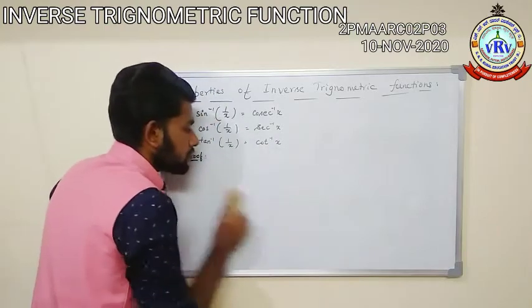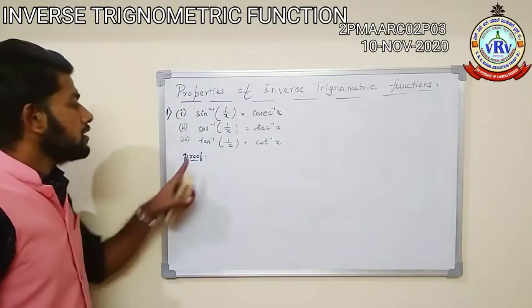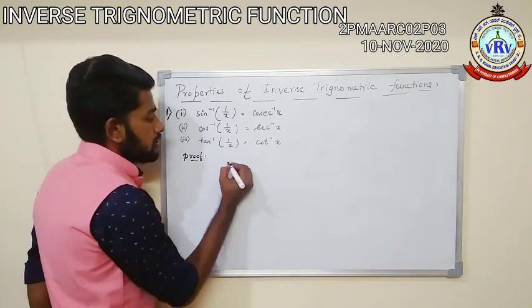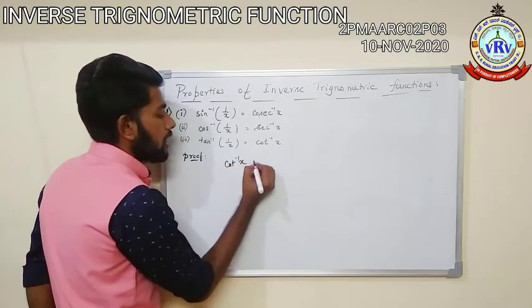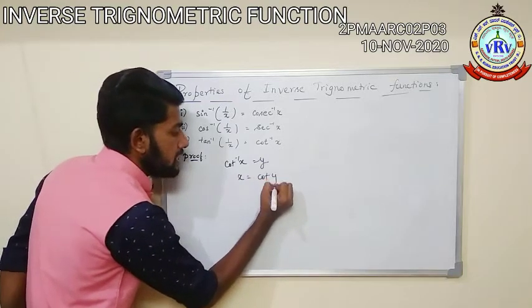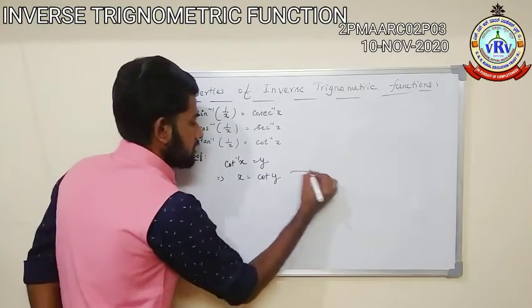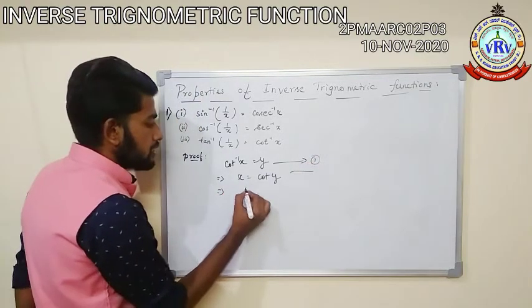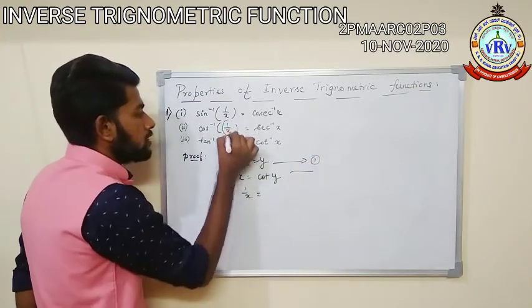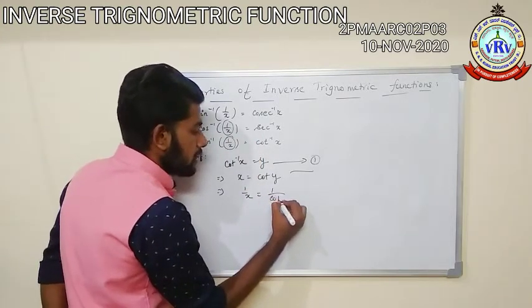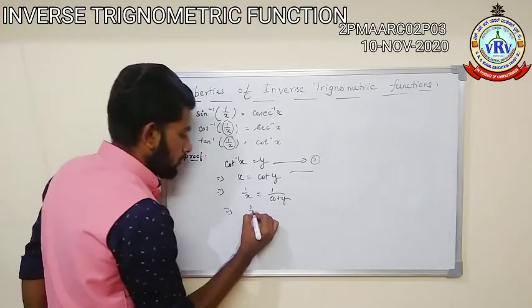Next one, the third part. Here we have tan inverse function. We will follow the same procedure. Cot inverse of x as y, and x is equal to cot y. Take this as equation number 1. After that take reciprocal, because here we require reciprocal of 1 by x. So it is 1 by cot y, 1 by x.